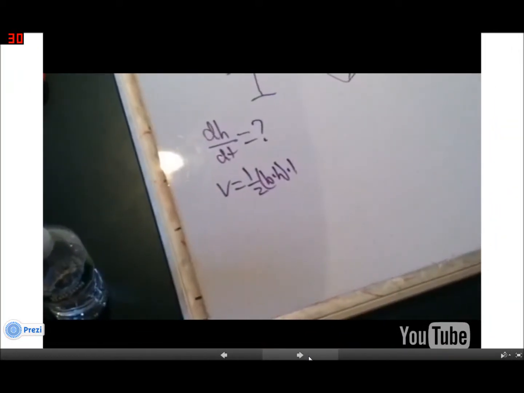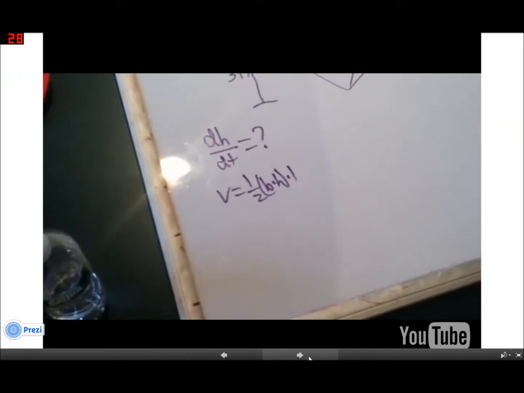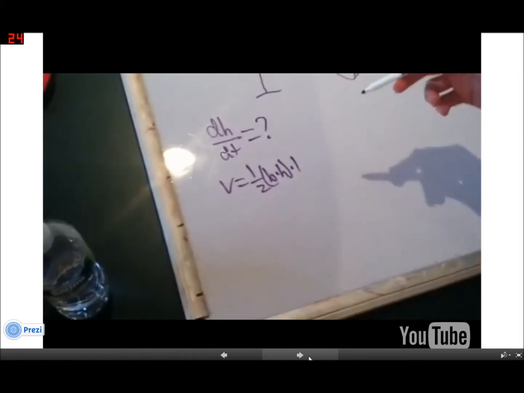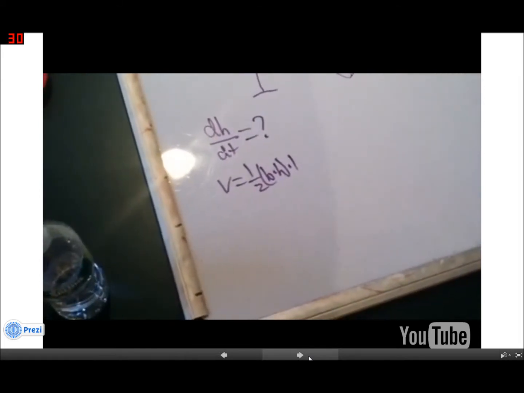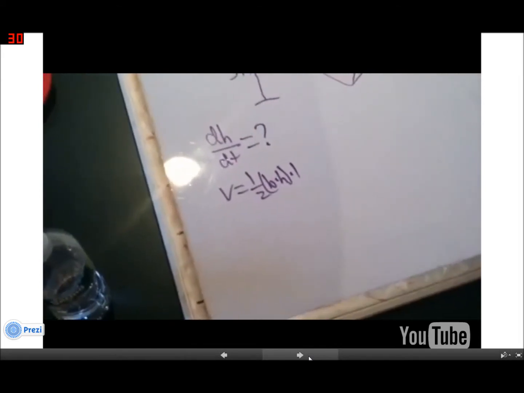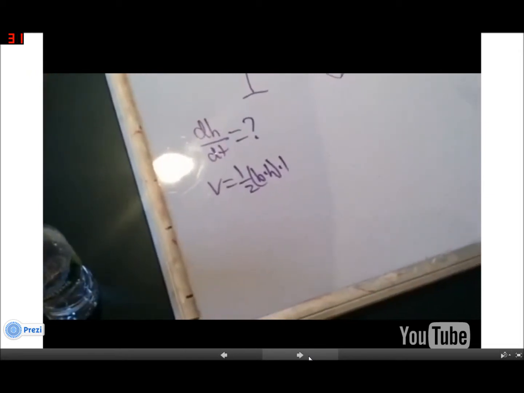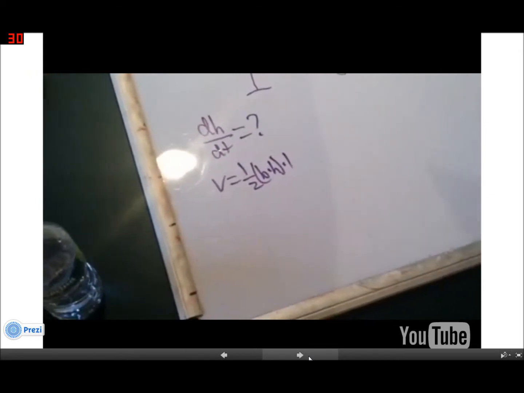For part A, we need to find the change in height of the water, which is dH over dt. So for our equation, 1/2 base times height times length, we don't know the change in the base, so we have to get rid of it. And to do that, we need to set a proportion.